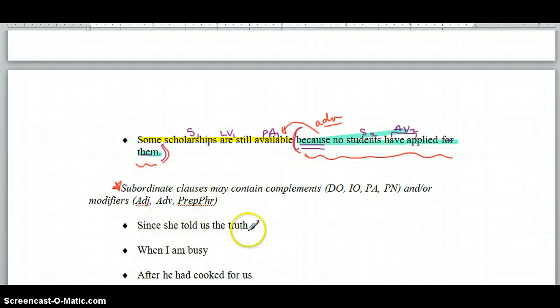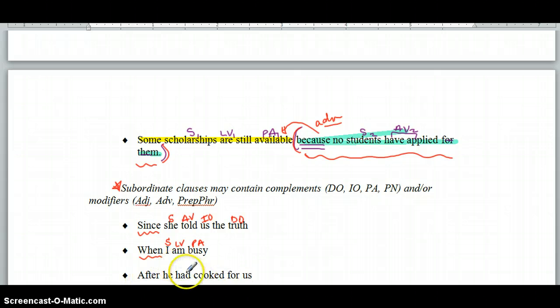So since she told us the truth, action verb told, who told, she told what? The truth, to or for whom? Us. And this subordinating conjunction does not have a grammatical function except to introduce the clause. When I am busy, linking verb am, I is the subject, busy is a predicate adjective. Again, when is just introducing.